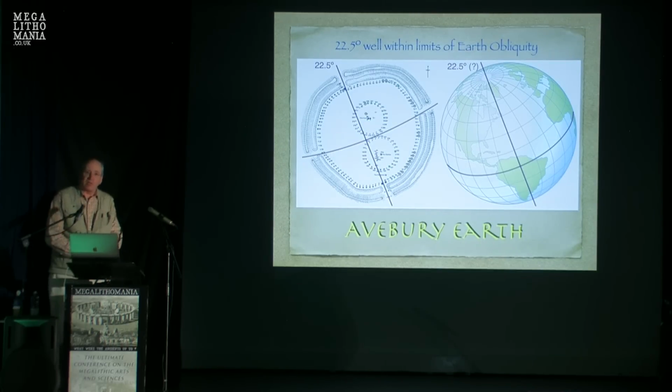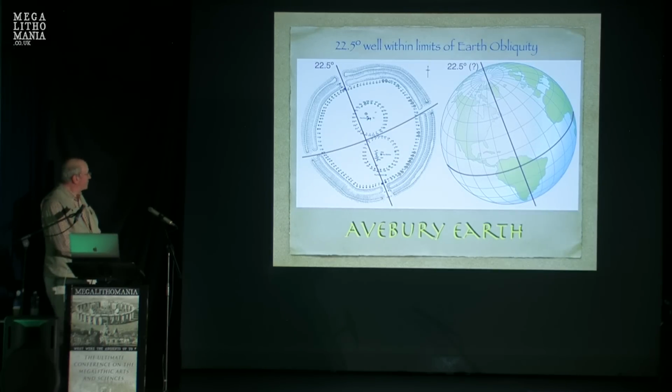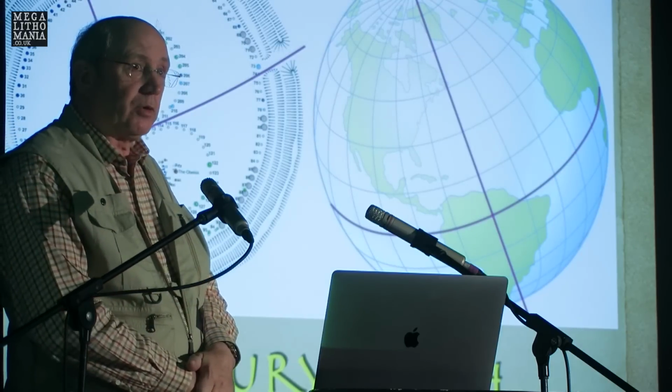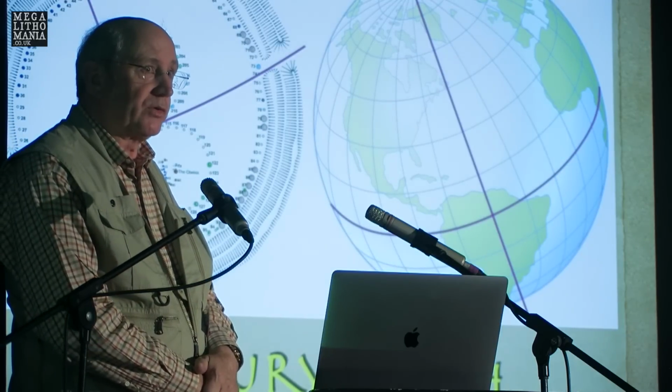So what I'm suggesting is that the designer knew the angle of obliquity of Earth at that time and included it in the design of his wonderful great megalith, his huge great henge, to preserve that knowledge for future generations.